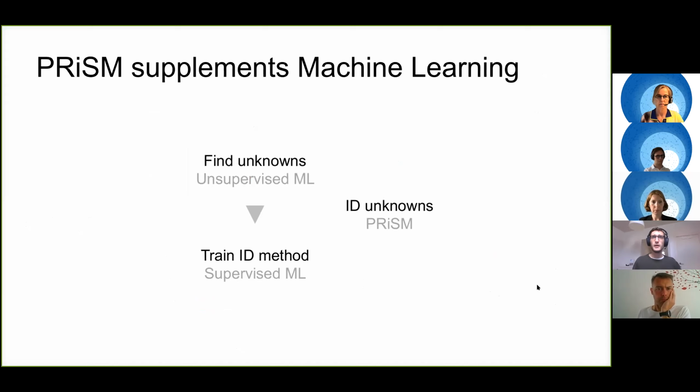And lastly, I'd just like to say how Prism relates to machine learning, because everybody's doing machine learning nowadays. Many identification methods use it, and they're quite successful. So what they do is they have a training data set of identifications that they know. They train their machine learning method. That's a supervised training. And then you have a very good identification method. Okay, but what if you want to identify spectra, proteins that you've never seen before?